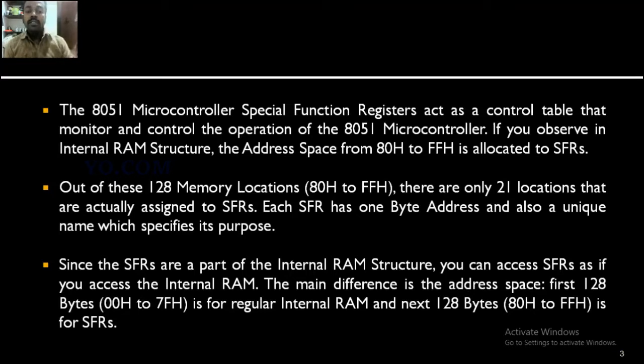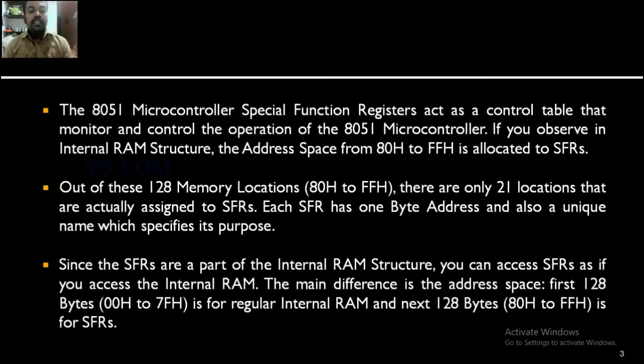Out of these 128 memory locations, only 21 locations are actually assigned for special function registers. Each SFR has a one-byte address and also a unique name with its specific purpose. So each special function register has an 8-bit address to locate that register, and also a specific name.